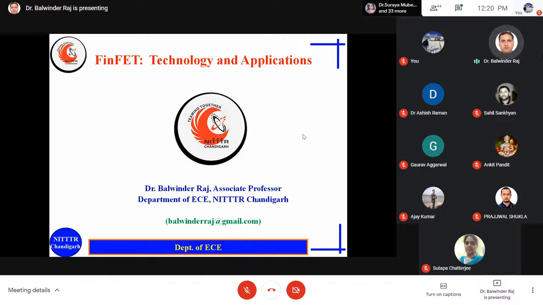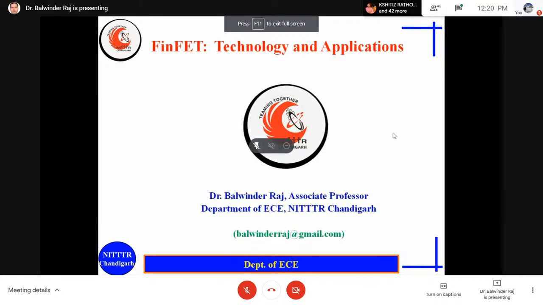Applications are wide, specifically logic design for processors and memory cell design for low power memory designs. Specifically, logic and memory are the main applications for the FinFET because of its nature of low power and high speed working.